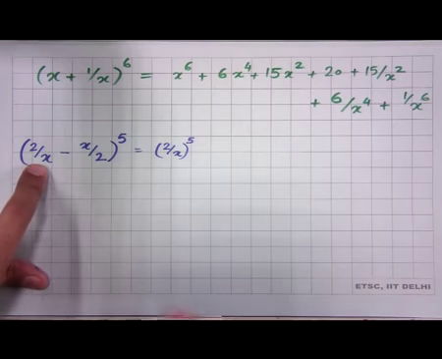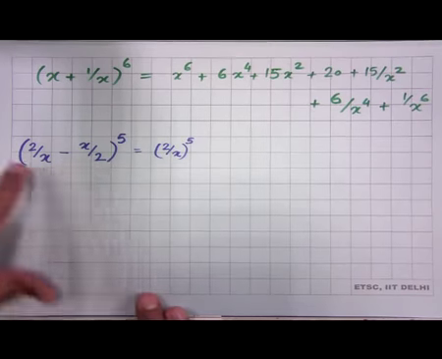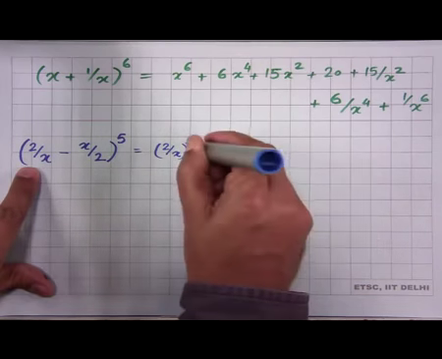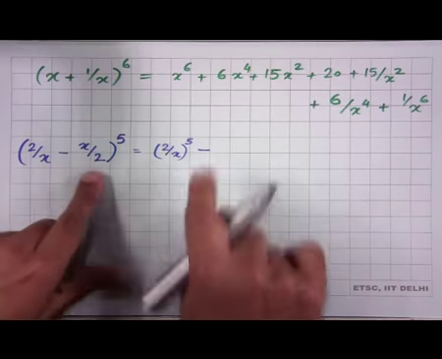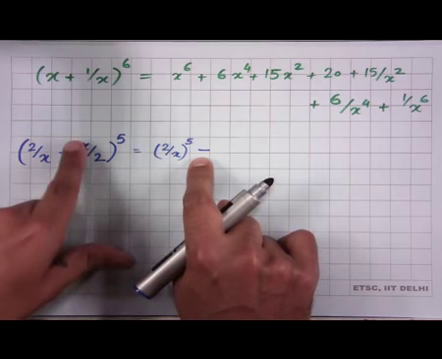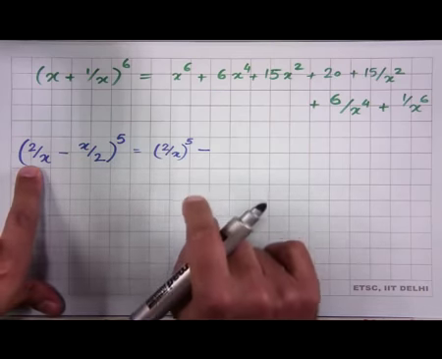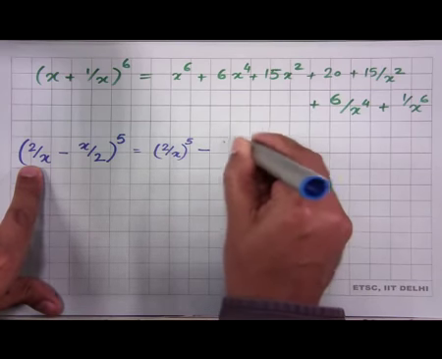The next time you pick 1 of the minus x by 2's and 4 of the 2 by x's. So, you get a minus because you have picked minus x by 2 only once. So, you end up with minus, and x by 2 into 2 by x whole power 4 is nothing but 2 by x whole cube.